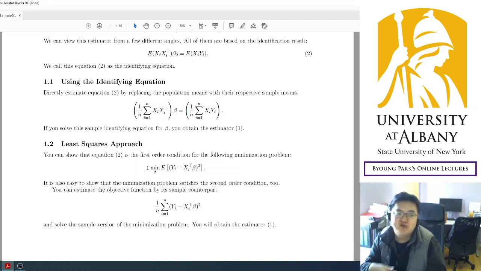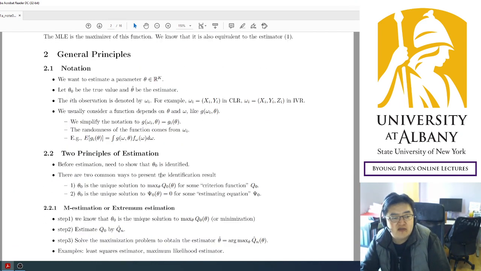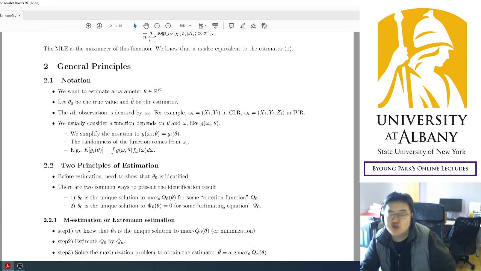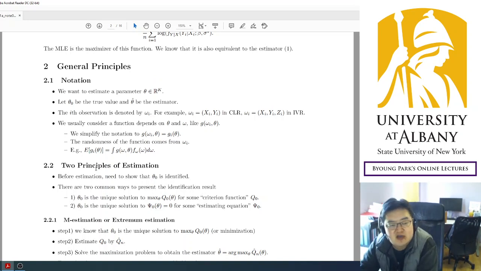That's another way to present the identification condition. If you can prove the uniqueness of the solution, then they correspond to one of them. Usually, you may choose how you present, whether to use the criterion function or the estimating equation. They may be interchangeable sometimes.